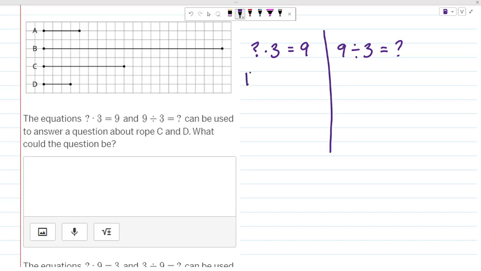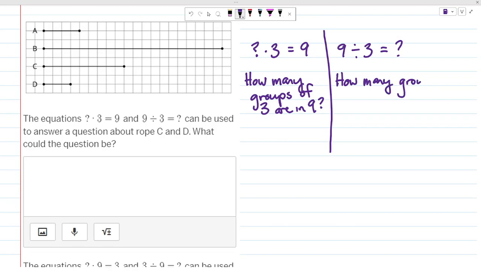It might ask how many groups of 3 are in 9. Same thing for the division equation actually. So this one also asks how many groups of 3 are in 9.